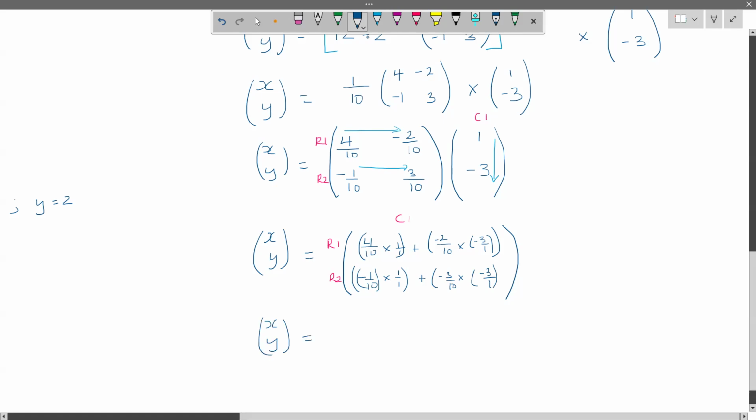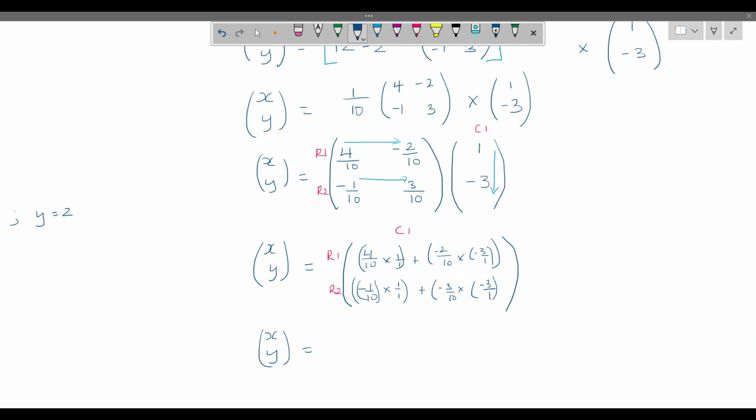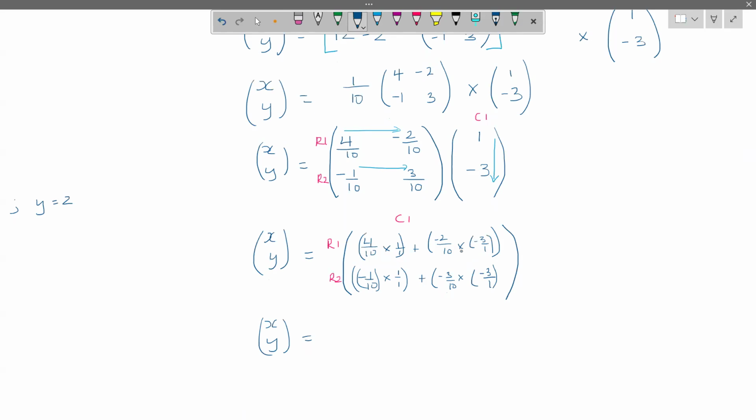Then you start working them out. Four over 10 by 1 will give us back 4 over 10, plus a negative by negative. Always work out your signs first. That's a positive. And 2 by 3 would give us 6. 10 by 1 will give us 10.